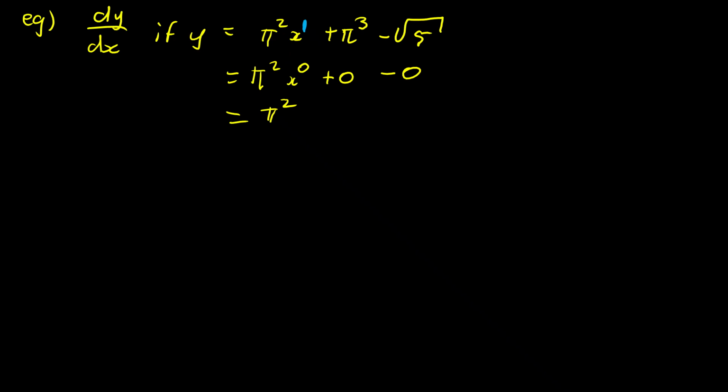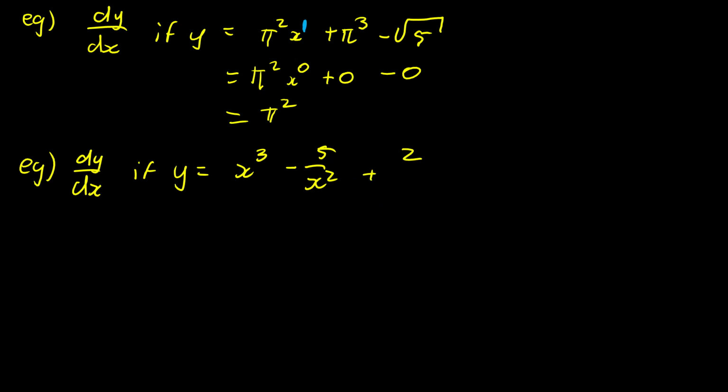One last example then is to find dy/dx, or the derivative of y, if y equals x cubed minus 5 over x squared plus 2 over 3 square root of x to the power of 3.